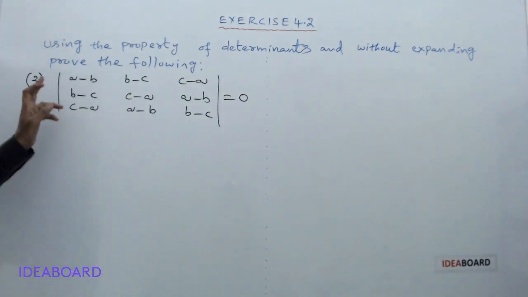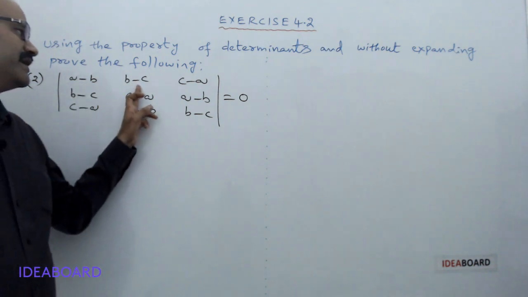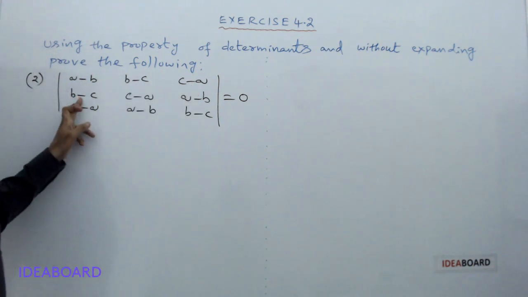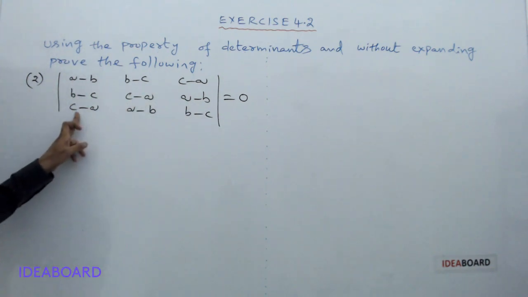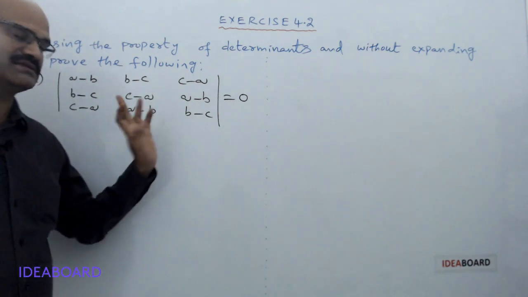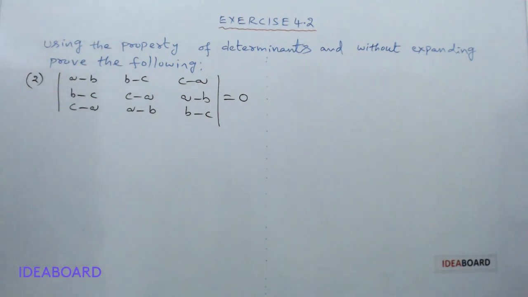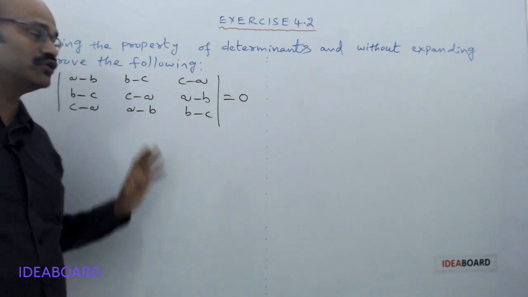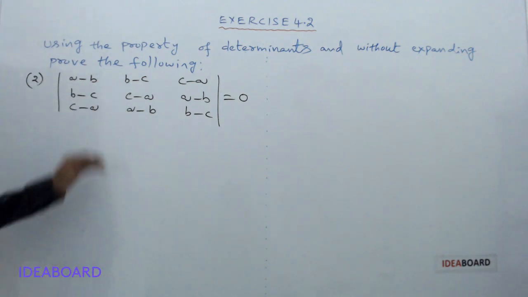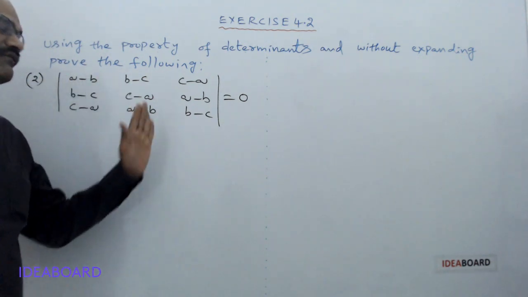Second problem: the determinant of a minus b, b minus c, c minus a; b minus c, c minus a, a minus b; c minus a, a minus b, b minus c. Here we have to prove that the value of this determinant equals 0. So to prove this, we have to identify what property to use.